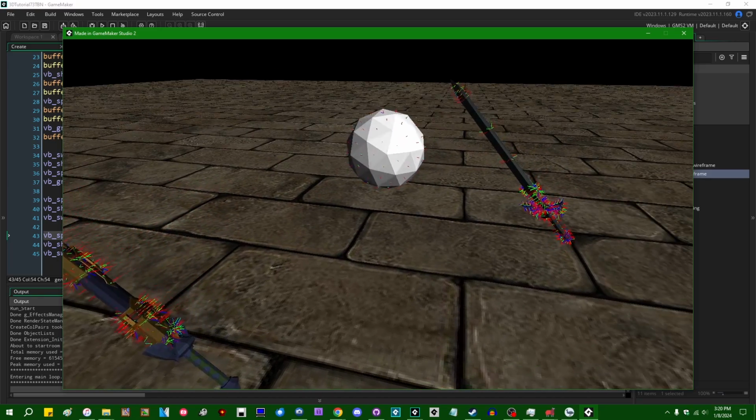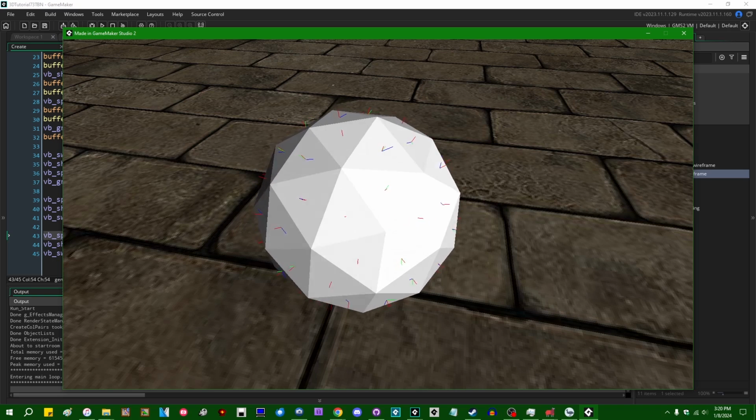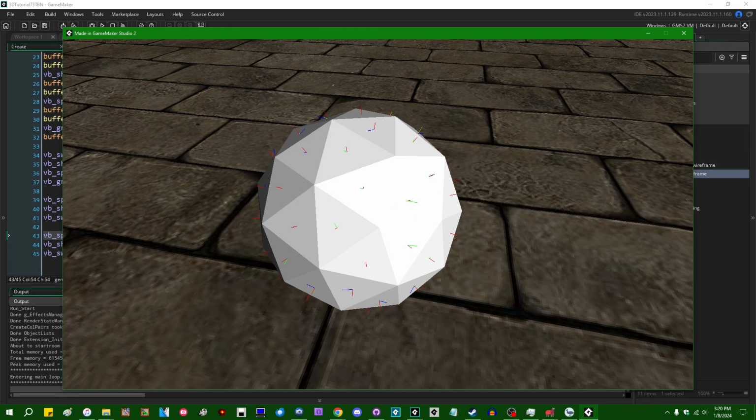Let's see. So you might also notice that if I were to take a freeze frame at a convenient spot where it's easier to see, not all of these vectors are actually orthogonal to each other, which is kind of a problem because that's kind of how we want our TBN vectors to be. We want them to all be at 90-degree angles to each other.